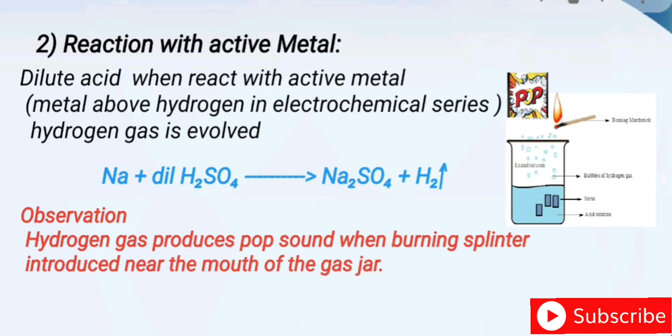When a matchstick is brought near the evolving hydrogen gas, you can hear a pop sound. So this is the observation for this reaction. If you bring a matchstick and hear the gas burning with a pop sound, then it is known as hydrogen gas. So this is all about the chemical properties as per your syllabus.